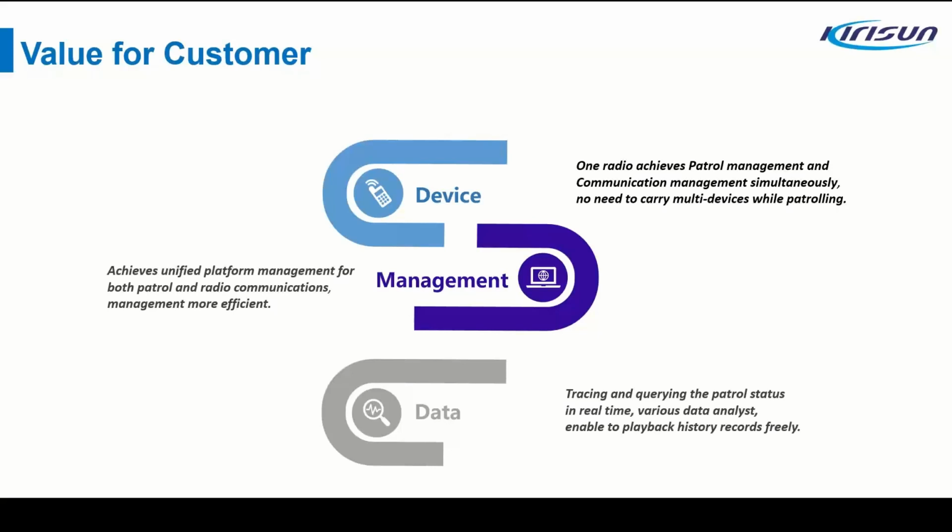Second, unified patrol and PoC platform management. We use one system to manage both patrol and PoC features, such as patrol events, points, routes, plans, and terminal groups management together.